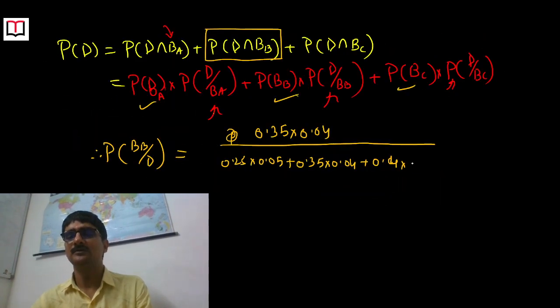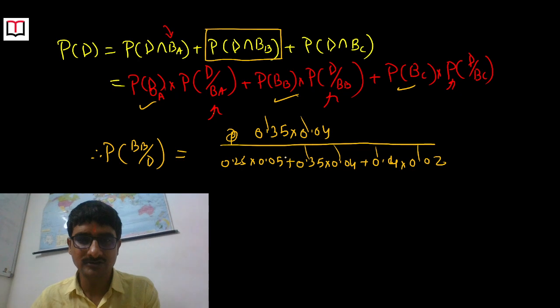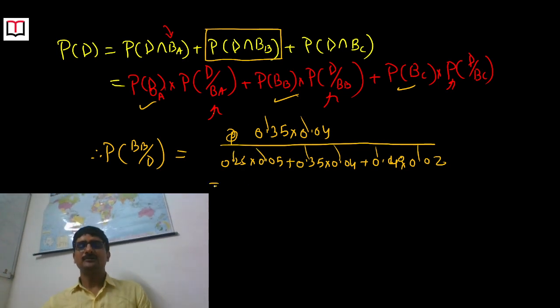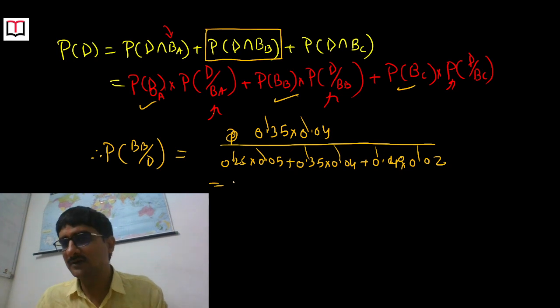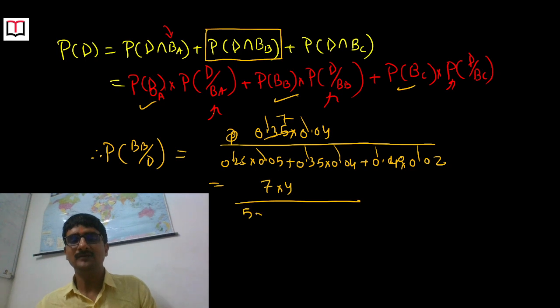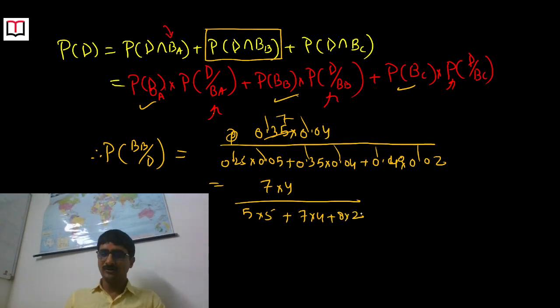Let's remove the decimals, all the same. Yes, it has to be 0.4 here, right? The rest is fine. Now, can we have anything common? Of course, we can divide by 5, we can divide by 4, so 7. So 7 into 4 over 5 into 5 plus 7 into 4 plus 8 into 2. That's it. Now you can solve it to get the answer.